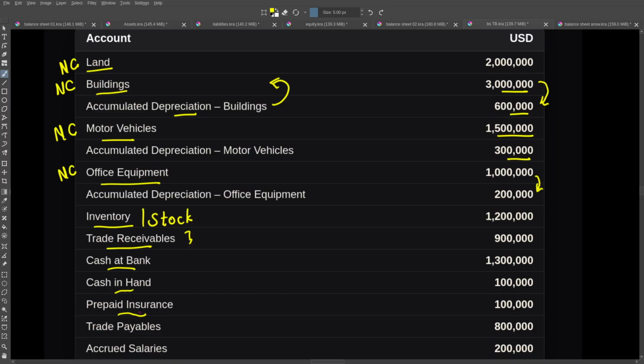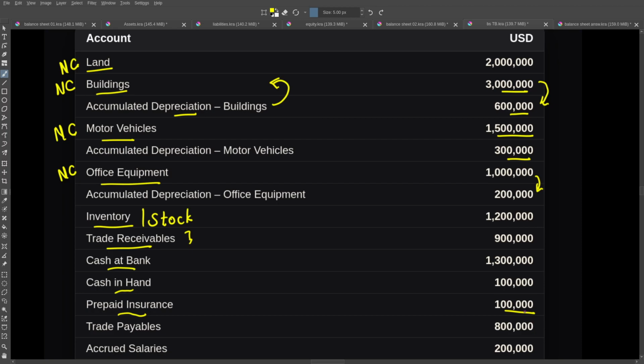Then we have prepaid insurance. Prepaid insurance, remember, as at 31st December 2025, we had prepaid insurance of 100,000. What does that mean? We are yet to incur it. So we have prepaid maybe for the next 5 months in the next period. So as at 31st December 2025, we record this as an asset, as a current asset.